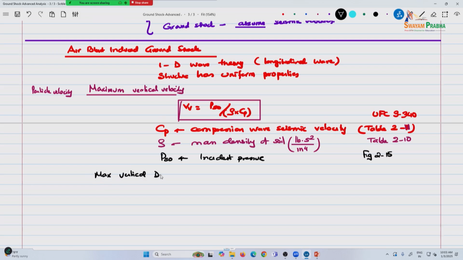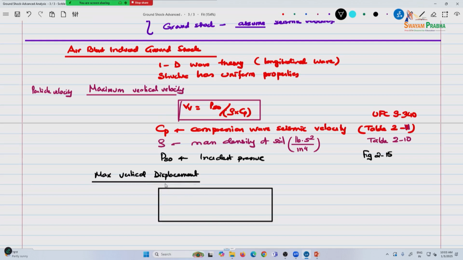This is not quite needed, but if you are looking to calculate your displacements, you can use the displacement equation. dV, vertical displacement, is in terms of Is, applied impulse, divided by 1000 multiplied by rho multiplied by Cp, and Cp is the compression wave speed. Is is the incident impulse, again figure 2-15.